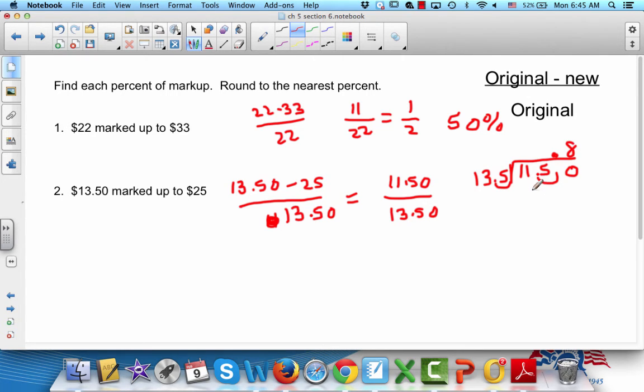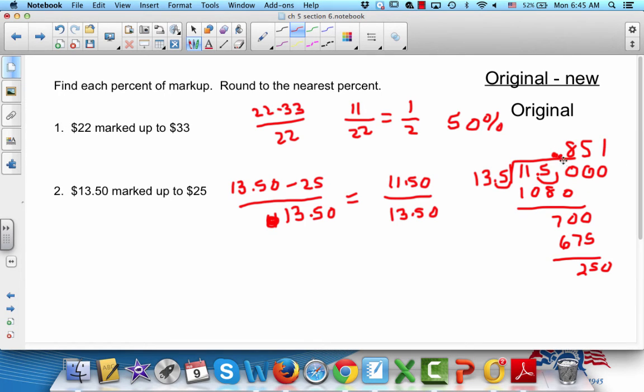That gives us 1080 with 70 left over. Bring down another 0. 135 goes into 700 5 times. 5 times 135 is 675 with 25 left over. Let's bring down another 0. 135 goes into 250 1 time.